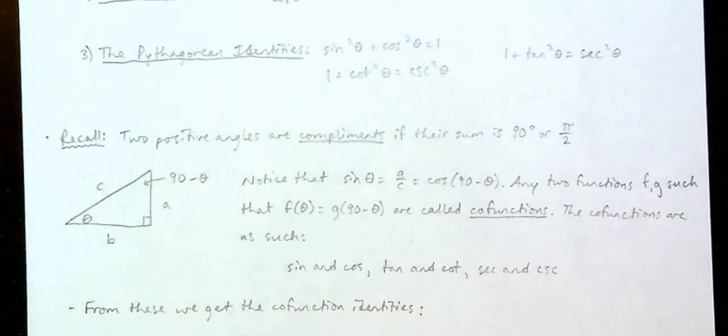Any two functions, f and g, such that f of theta equals g of 90 minus theta, are called cofunctions. And they're aptly called cofunctions because it's sine and cosine. The other sets of cofunctions that we have are secant and cosecant, as well as tangent and cotangent. Thus, they're aptly named cofunctions.